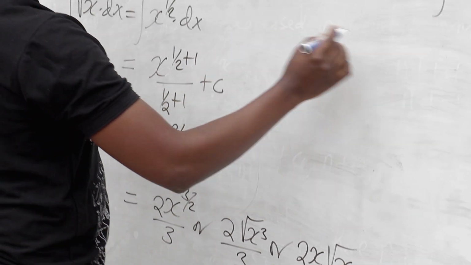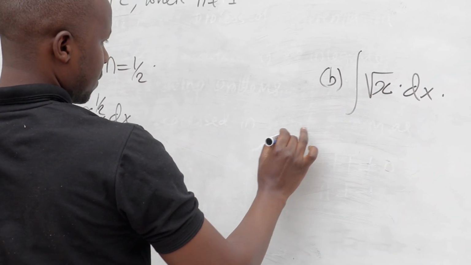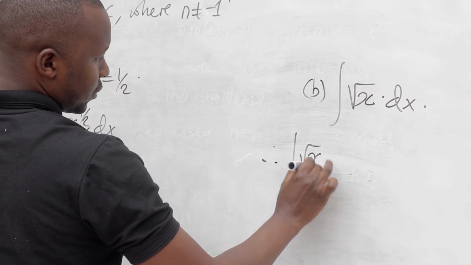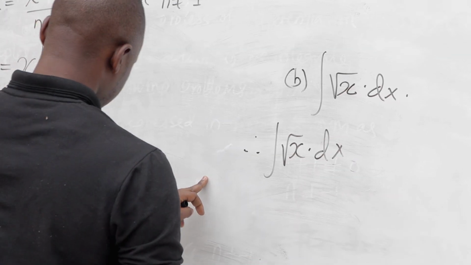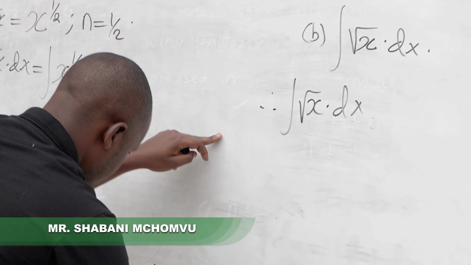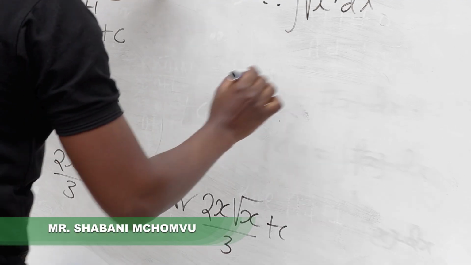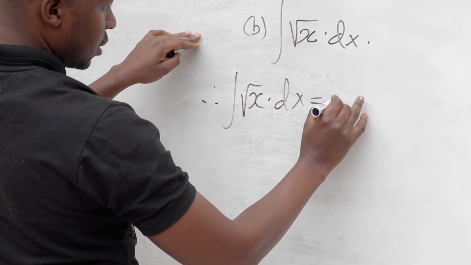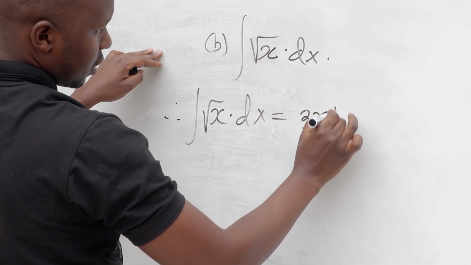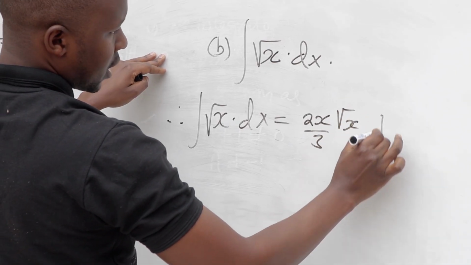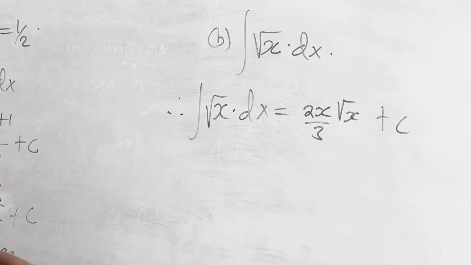So the value of the integral of the root of x with respect to x is 2x over 3 times the root of x, plus the constant c.